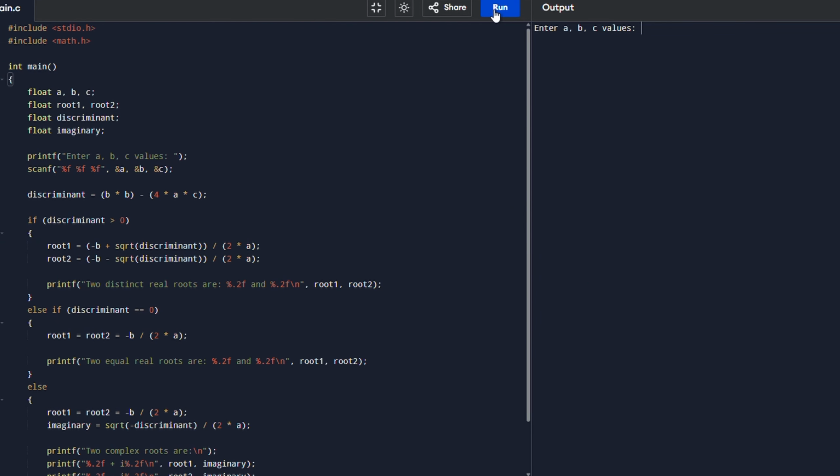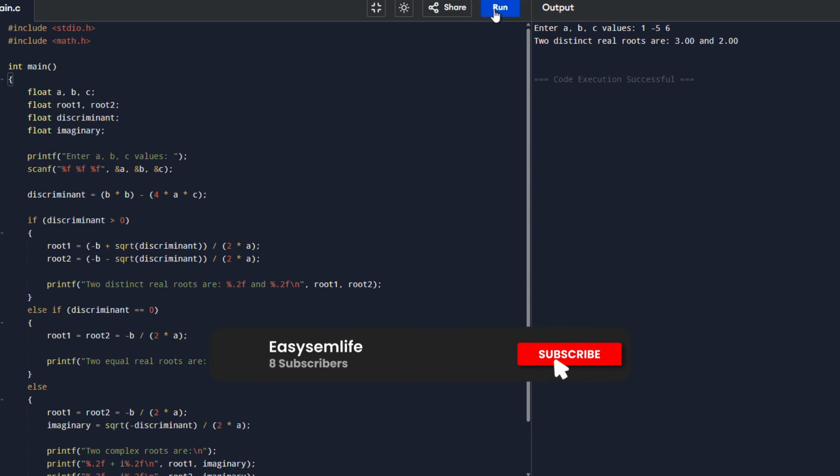Now let us take an example, 1, minus 5 and 6. Now let us run it. So see here, the equation in the background will be taken as x square minus 5x plus 6.